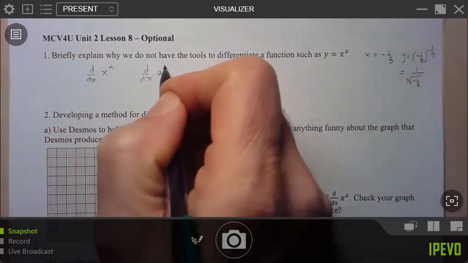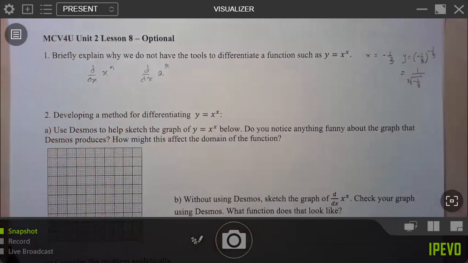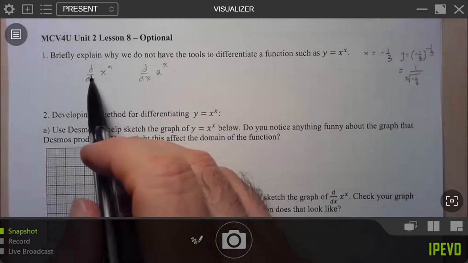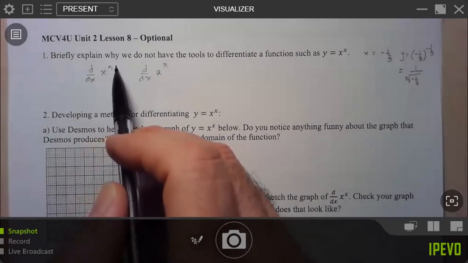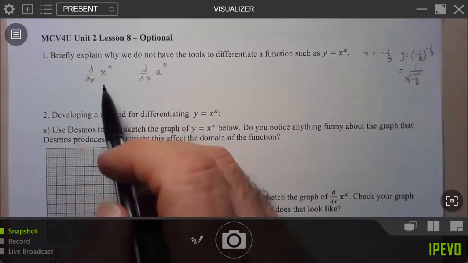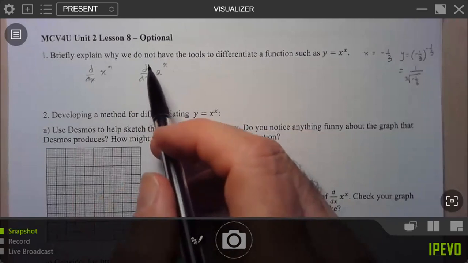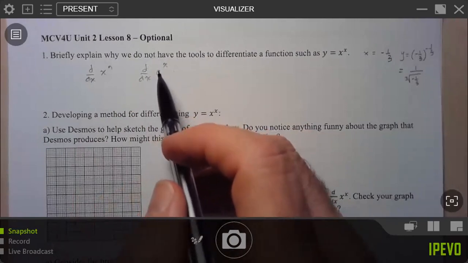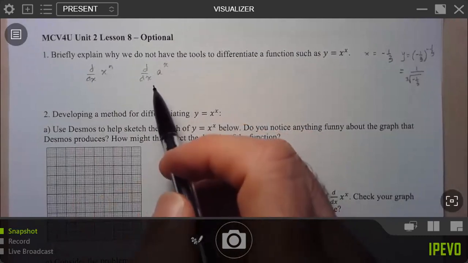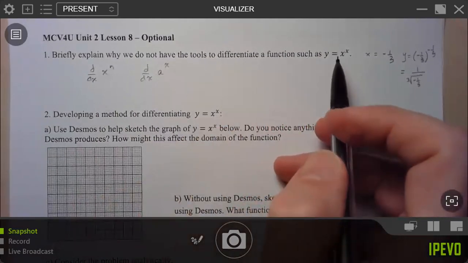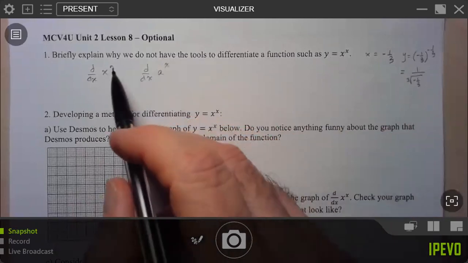Yeah, and that's what it comes down to here. What we learned how to take the derivative of was a power function, which was a variable base to a fixed exponent. So that's our n times x to the n minus 1. And we learned how to find derivatives of fixed bases to variable exponents. And the fact is that this does not meet either of these requirements.